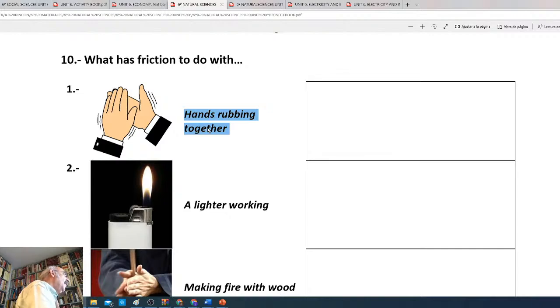Asking for the other kind of energy that turns out when we rub our hands together. We move kinetic energy into energy. Very good, Victor. Into heat energy or thermal energy.